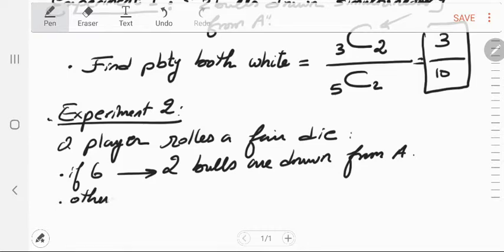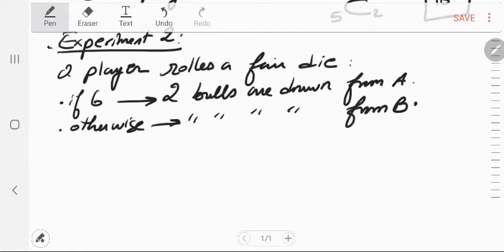Otherwise, 2 balls are drawn simultaneously but from urn B. Consider the following events.